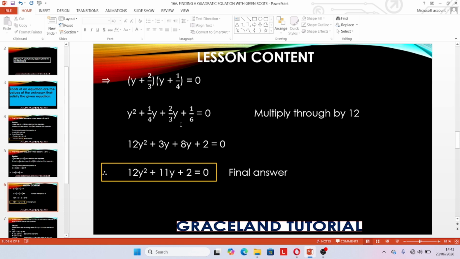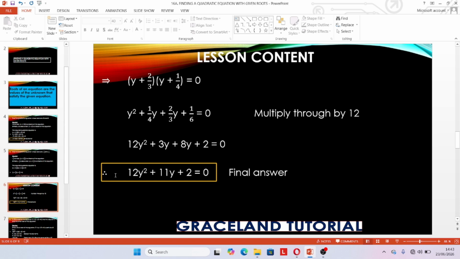Now we will need to clear the fractions so that we have whole numbers. To clear the fractions, you are going to multiply each term, everything you have here, by 12. Now 12 times y squared gives 12y squared. 12 times plus 1 over 4y gives plus 3y. 12 times plus 2 over 3y gives plus 8y. 12 times plus 1 over 6 gives plus 2, and that will be equal to 0.